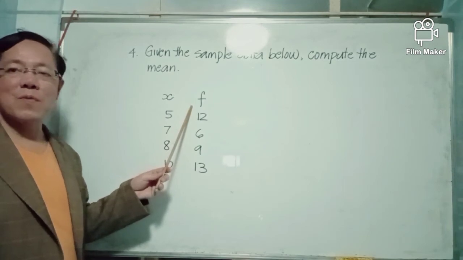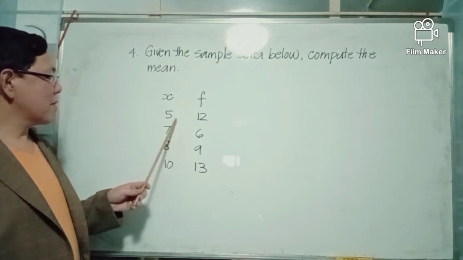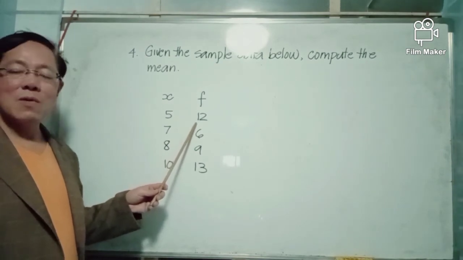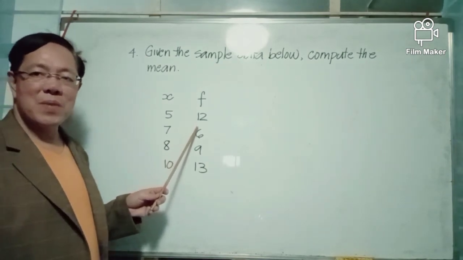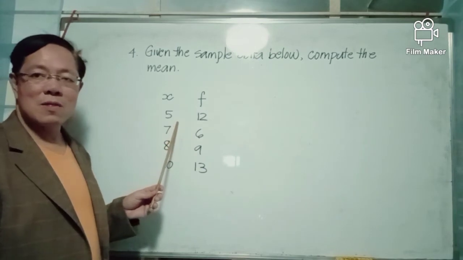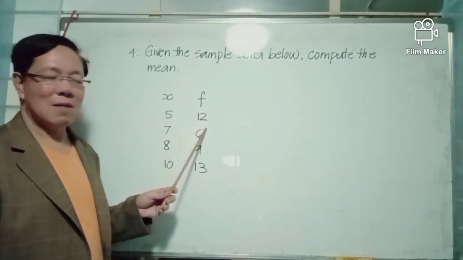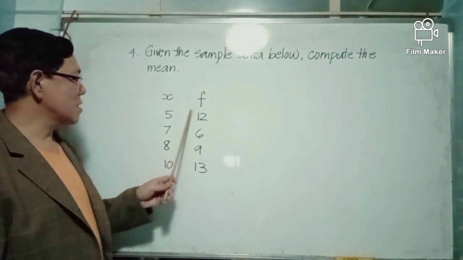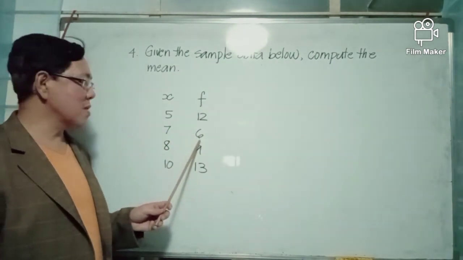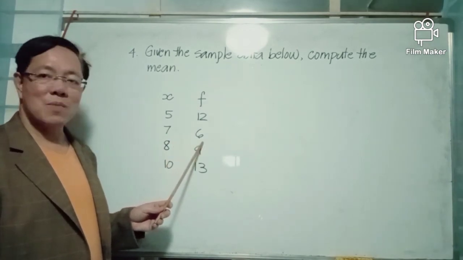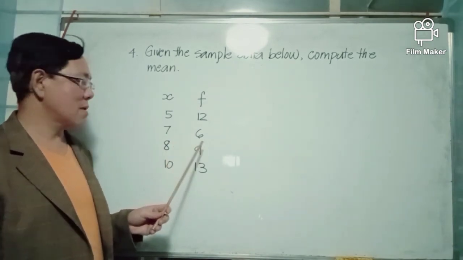F stands for frequency. The frequency of 5 is 12, which means that in the original set of data, 5 occurs 12 times in the distribution of data. The frequency of 7 is 6, which means that the value 7 appears 6 times in the original set of data.